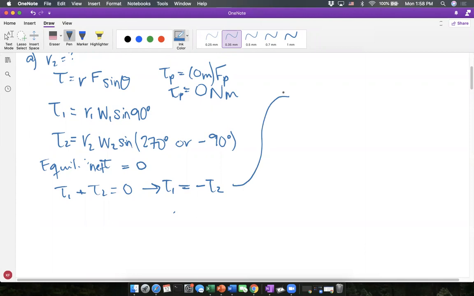Let me move over here real quick. Tau 1 is R1 times our weight of 1, and remember that weight is just mass times acceleration due to gravity.